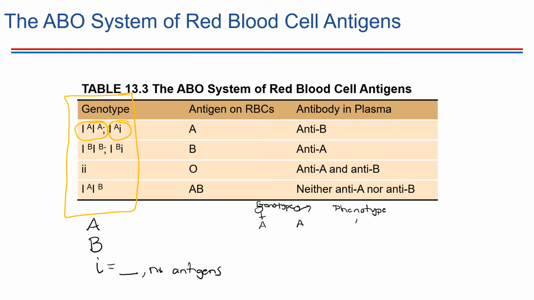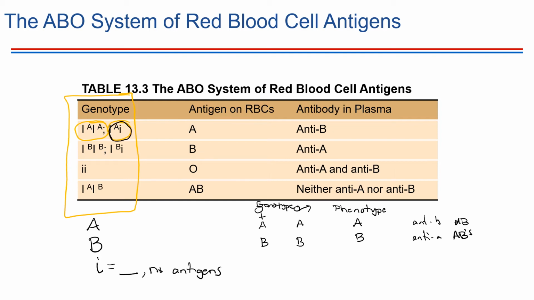Phenotype means that you're going to have type A blood, in which case you already know that you're going to have anti-B antibodies. So type B blood, you could get a B from your mom, a B from your dad, and you would have phenotype B, and you'd be making anti-A antibodies.